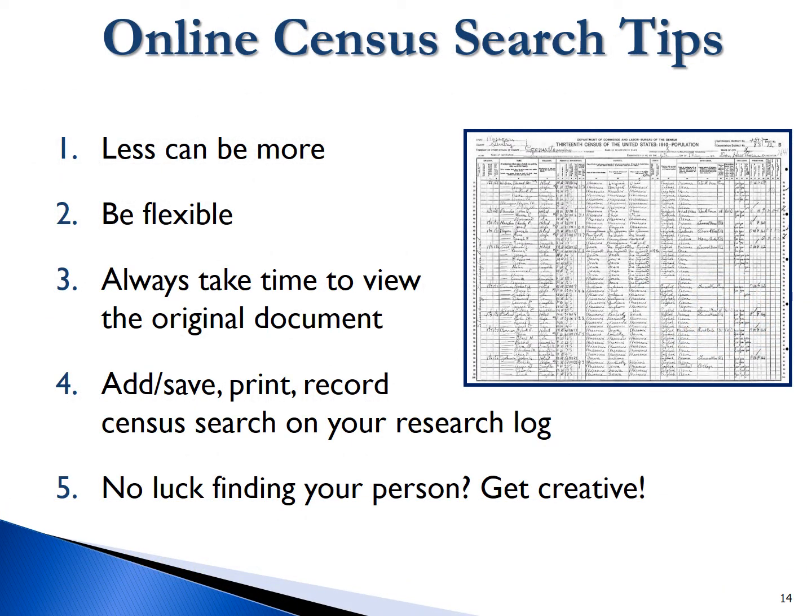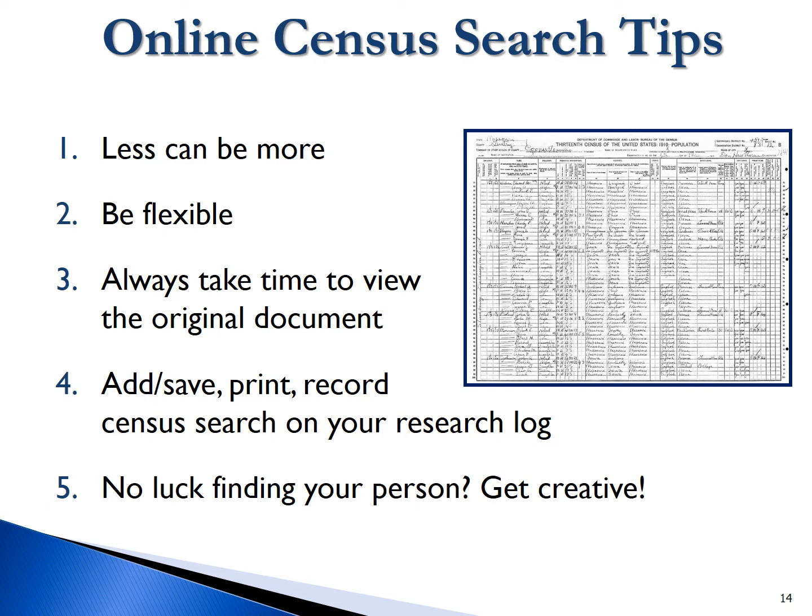Online census search tips. As discussed before, accept that census information often includes some inconsistencies, such as alternative spellings, differing ages, and birthplaces. Don't dismiss a search result just because the information does not exactly match your earlier research. Standardized spelling is a relatively modern convention.